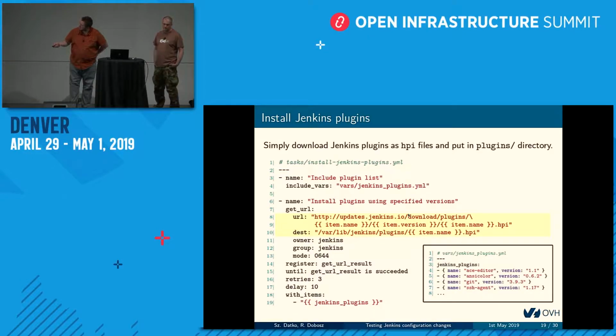So here is the job that does what I told you. We basically load the plugin lists defined like in this box here: a list of dicts with plugin names and versions. And then we use the get_url Ansible module to download the file and put it in a specific destination. This way, we have pinned the specific plugins in specific versions in our installation.